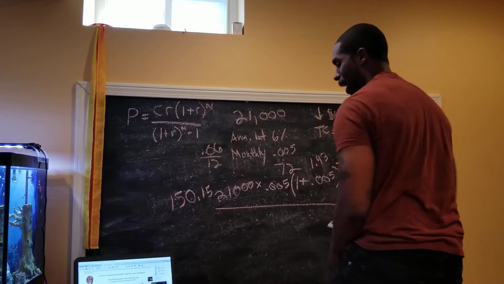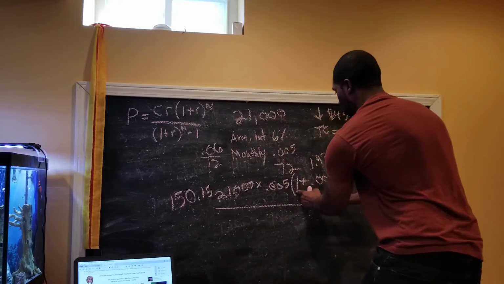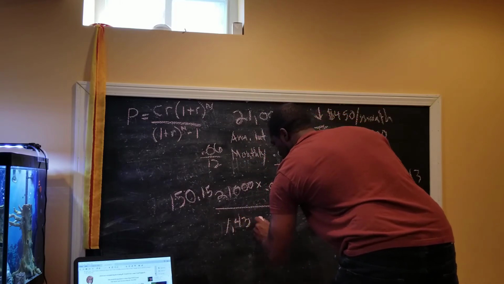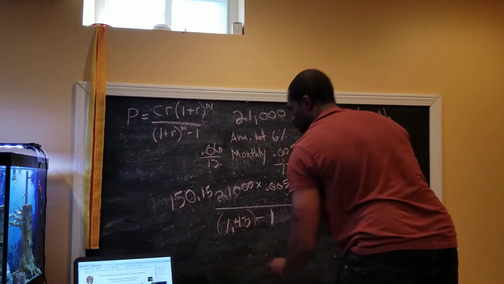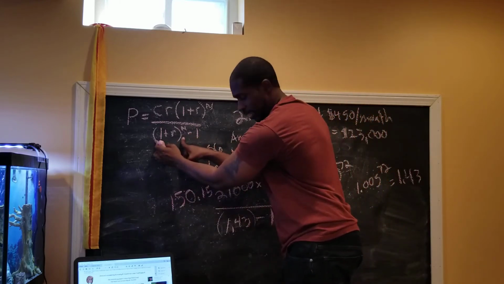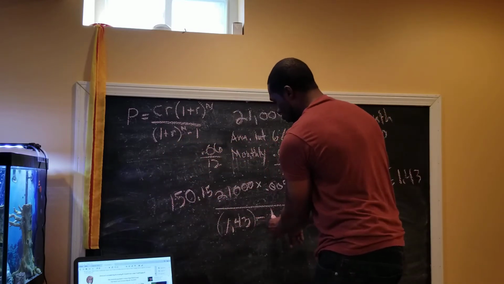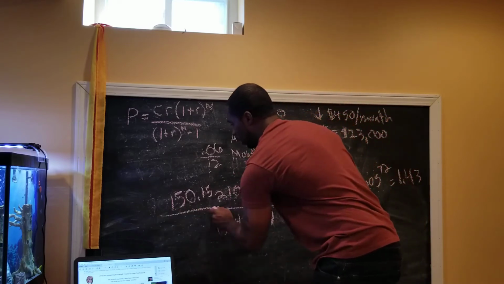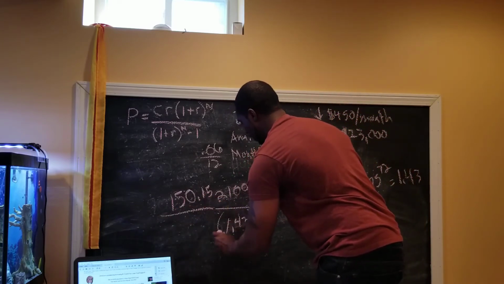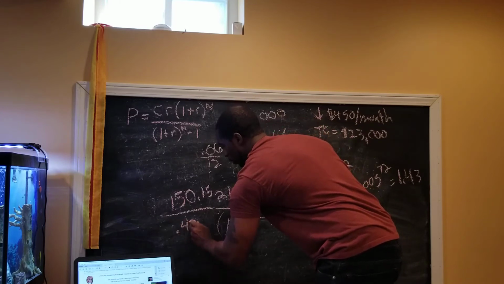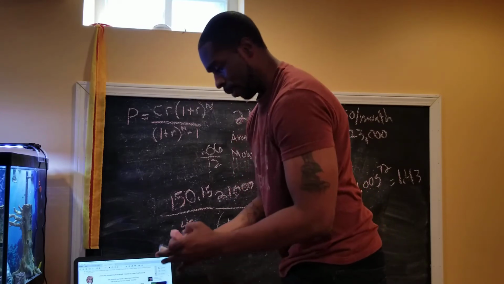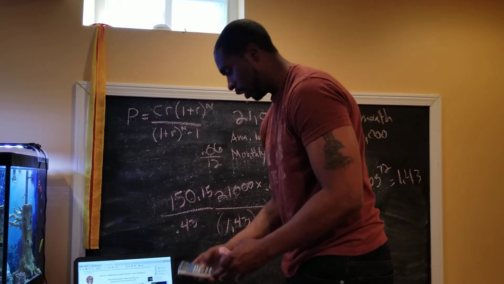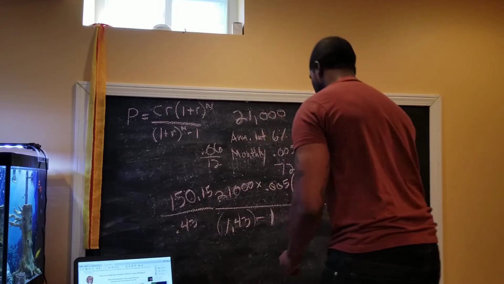And I divide that by that 1.43 minus 1, right? Because all of this is here, and subtract 1. So I just take that 1 away, and that's 43 cents. So if I divide on that, $150.15 divided by 43 cents, I get a number. And that number is $349.